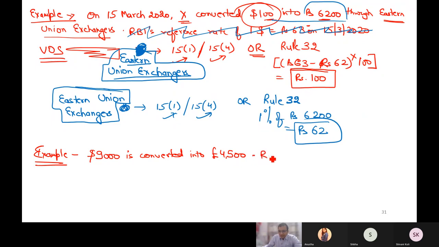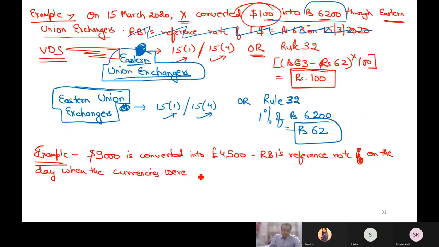Now suppose RBI's reference rate on the day when the currencies were exchanged is $1 equal to 63 rupees and 1 pound equal to 83 rupees.